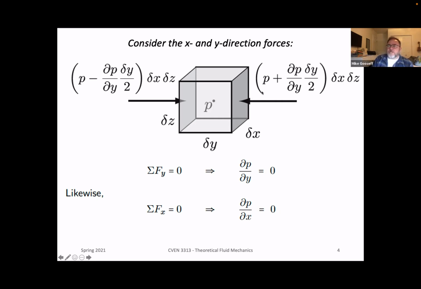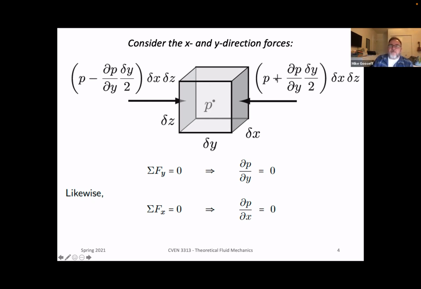These two pressures, because they're acting normal to the face on both faces all around this cube, are identical in value. We have accounted for a pressure gradient in the y direction if it existed. But because we're dealing with hydrostatic pressure, this pressure difference is essentially going to be zero, as is this one. So these two pressures will offset each other.